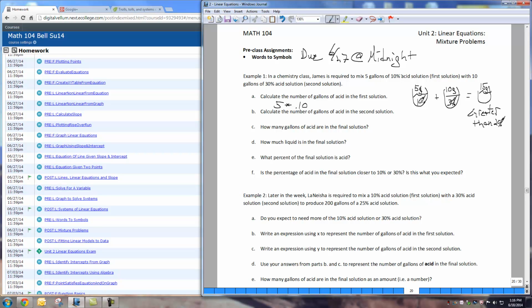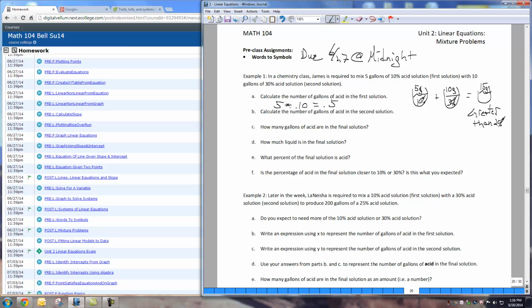The percent symbol means divide by 100. So take 10, divide by 100 gives you 0.1. When you multiply the two together, you get 0.5. So you have half a gallon of acid in this 5 gallons. So 4.5 gallons of water and half a gallon of acid gives you a 10% acid solution.